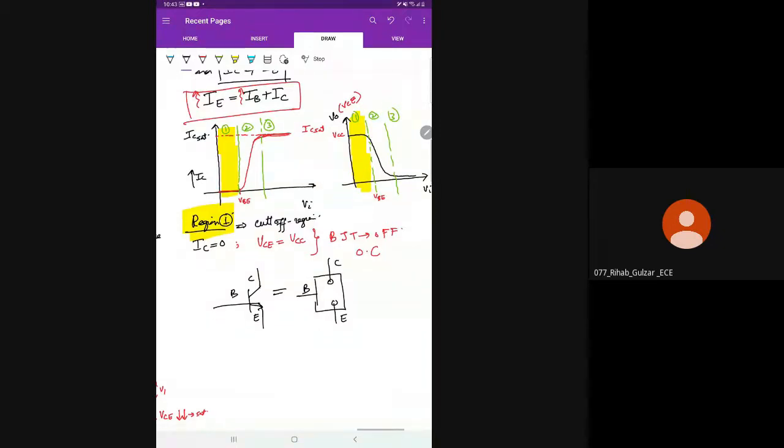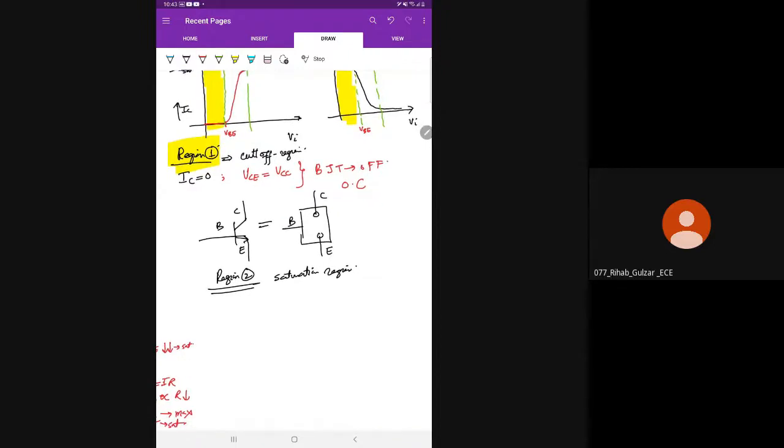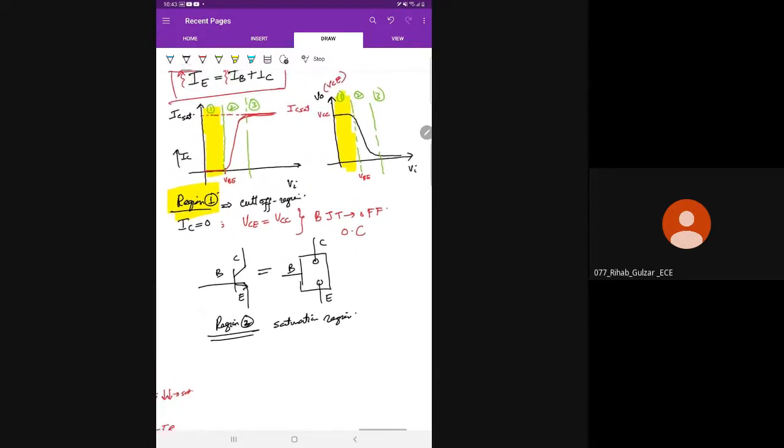Now, in region 2, if we observe... no, it is region 3 basically. We'll observe region 3 first.